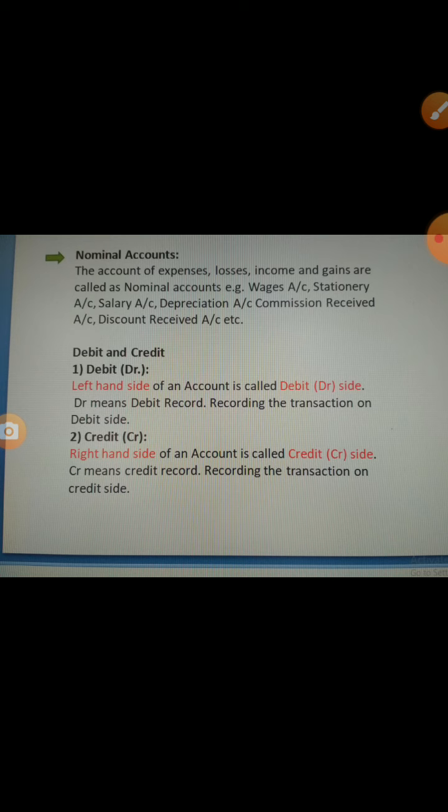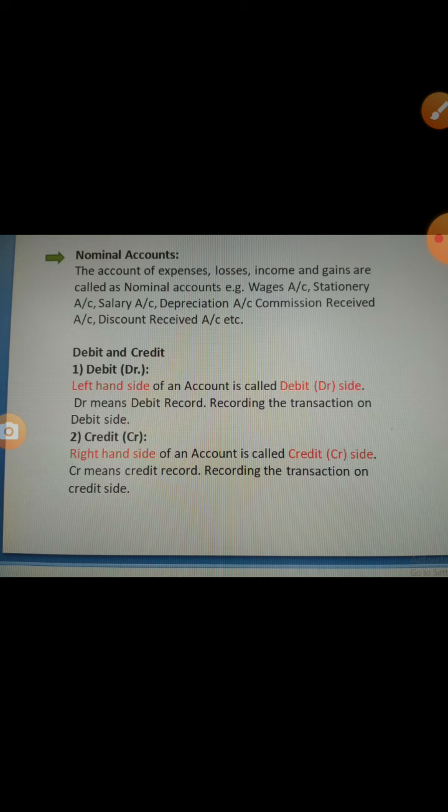Now the most important thing, most of the students know about debit and credit. Now what is debit and what is credit? Debit means debit record, R for record, means recording the transaction on debit side is called debit, and recording the transactions on credit side means credit record is called credit.